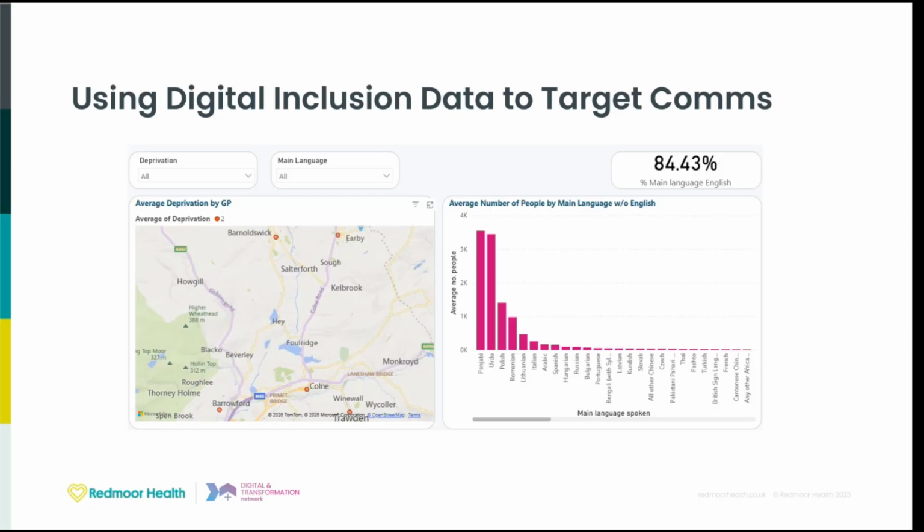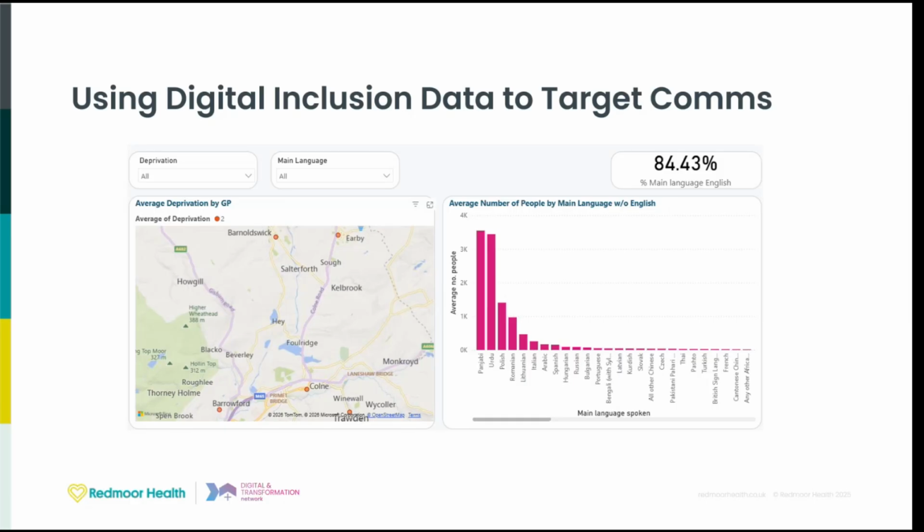But the data also shows that around 84% of patients have English as their main spoken language, but there are clear concentrations of Punjabi and Urdu speakers. This insight can be used when planning campaigns at a PCN level, providing key messages in those alternative languages, providing translated content for high impact communications, and being more deliberate about where simple language or visual formats are needed.